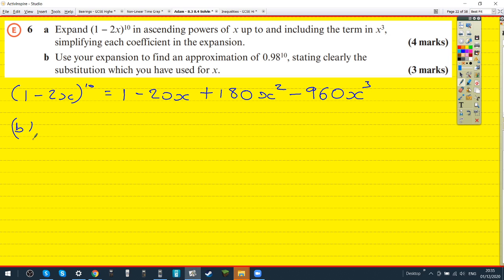Okay, part B. Okay. So could you write out 0.98 to the power of 10 is equal to 1 minus 2x to the power of 10? Yeah.